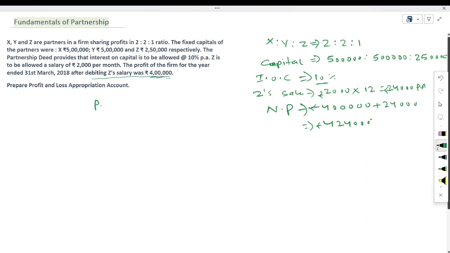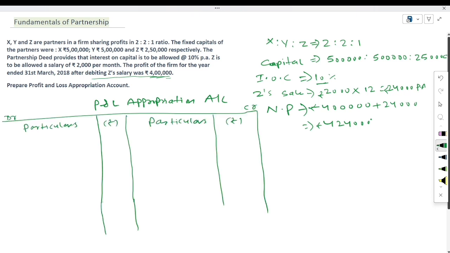We will make the ledger of the profit and loss appropriation account. So this is the format of the profit and loss appropriation account. Here is the debit side and here is the credit side, with the debit amount column and the credit amount column. First of all, we will transfer this net profit into the profit and loss appropriation account.